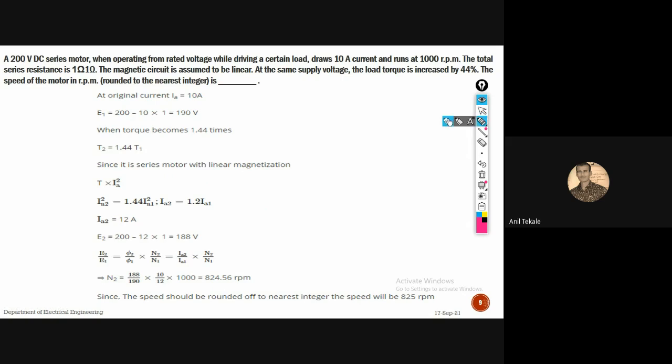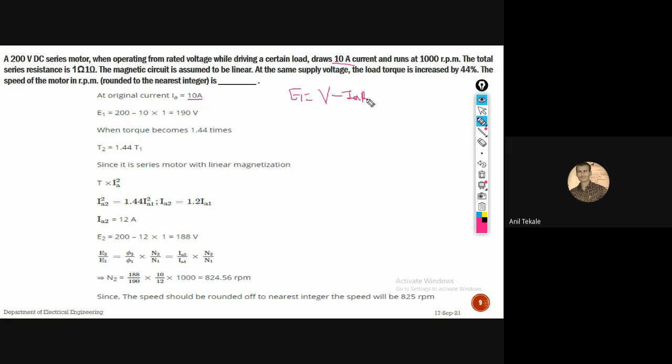First, whenever the data is given, we see what exactly is expected from us. The armature current is given. From that armature current, let us calculate the value of the back EMF, which can be calculated with the equation V minus IA RA.